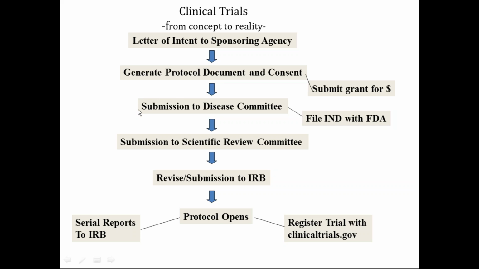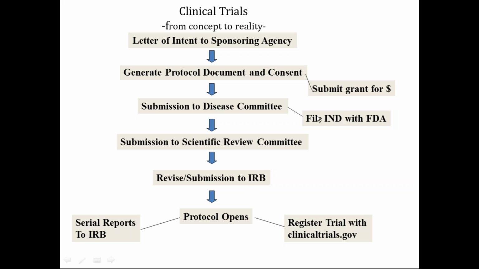Here at UAB, if it's a cancer trial, as well as most within the Department of Medicine, you would submit this to a disease committee. In our case, it's an entity called the Brain Tumor Working Group. We review that, we grade it for scientific priority, and then it goes for a more institutional scientific review and then submission to the IRB.